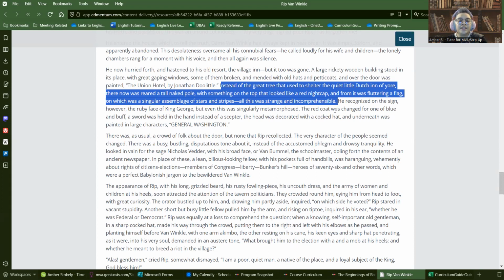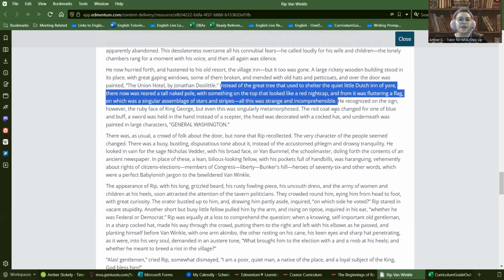So he was in the 1700s and early 1800s, right? The U.S. became its own independent country at the end of the 1700s, but we didn't get our flag until a bit later. So now we're seeing references to what would be the future for Rip Van Winkle, right?